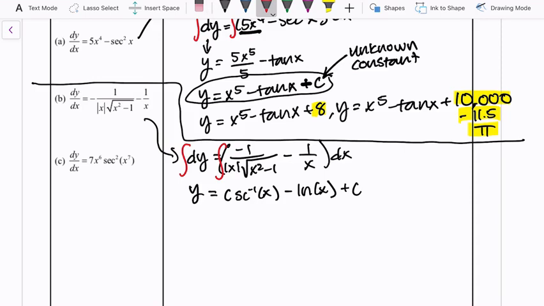Well, one thing that we've talked briefly about before, but I'm going to bring it up again, is that the domain of a solution has to match the domain of a differential equation. So let me write that down and I'll explain what that means.